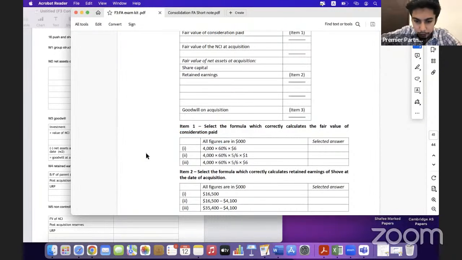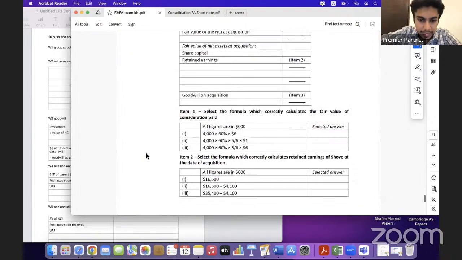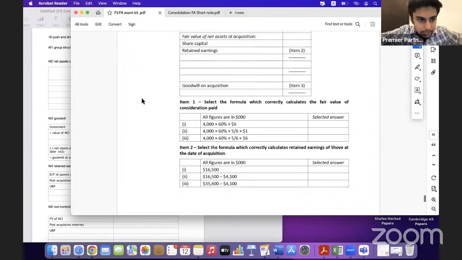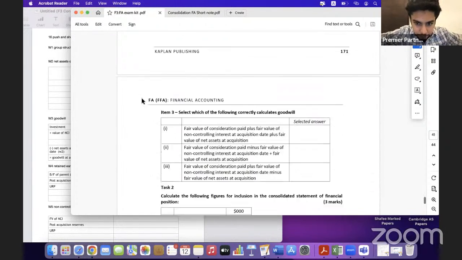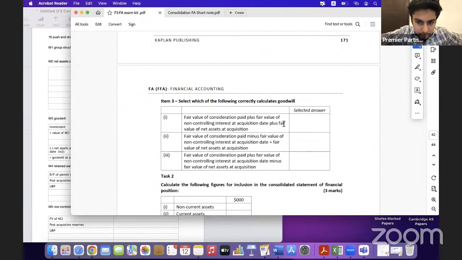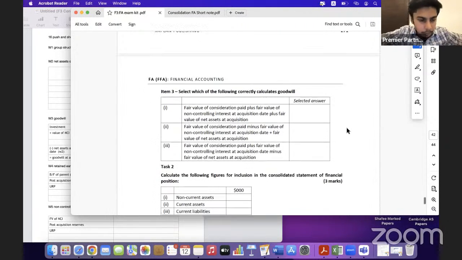They are asking the formula. Then they are asking, state the formula which correctly calculates retained earnings of Shov at the acquisition date. So they're asking you to calculate retained earnings at the acquisition date. That is also okay. Okay, and then guys, after that one, they have asked a theory question.